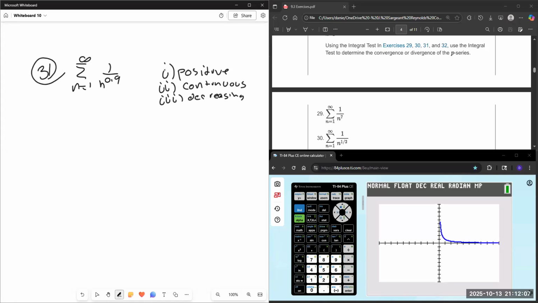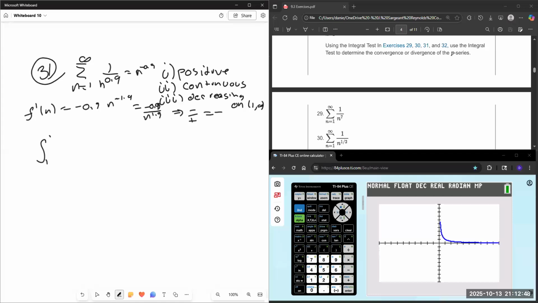We want to be sure that f prime of n, this is n to the negative 0.9, will be negative 0.9 n to the negative 1.9, which is negative 0.9 over n to the 1.9, and this denominator is going to be positive for all of these values here. So I have a negative divided by a positive, which is a negative. So it's always going to be decreasing on 1 to infinity. That will be good.